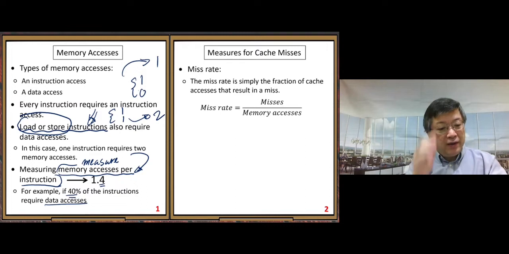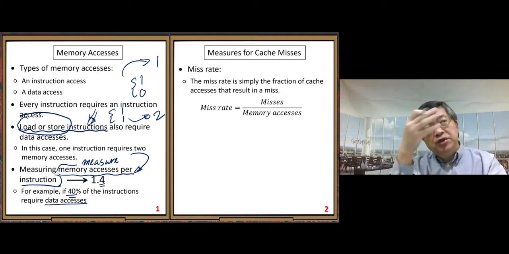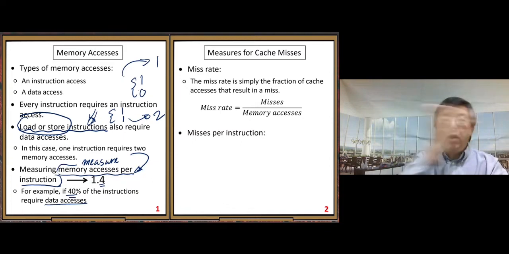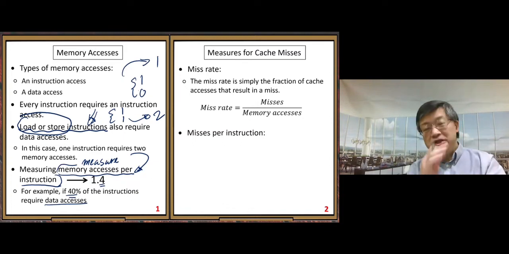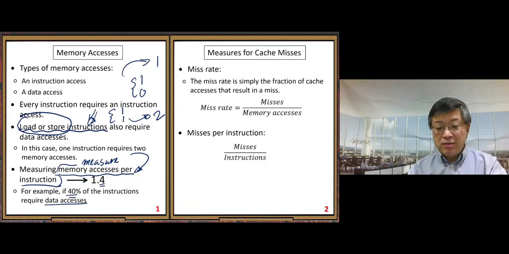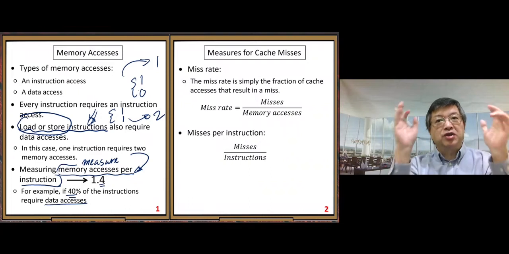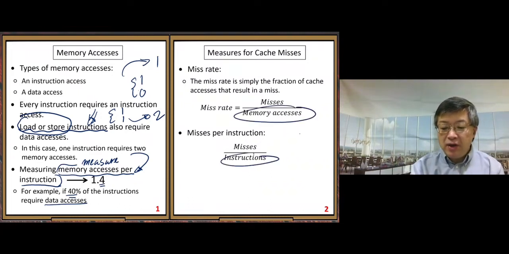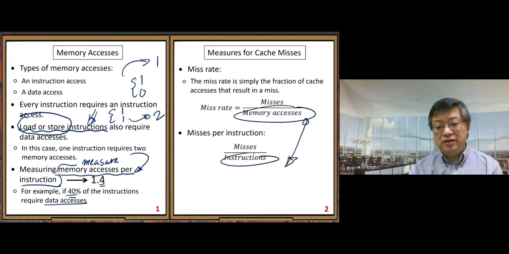Then another commonly used concept, a little different from miss rate but closely related, is called misses per instruction. We can write its definition as simply misses over the number of instructions. The difference is in the denominator.